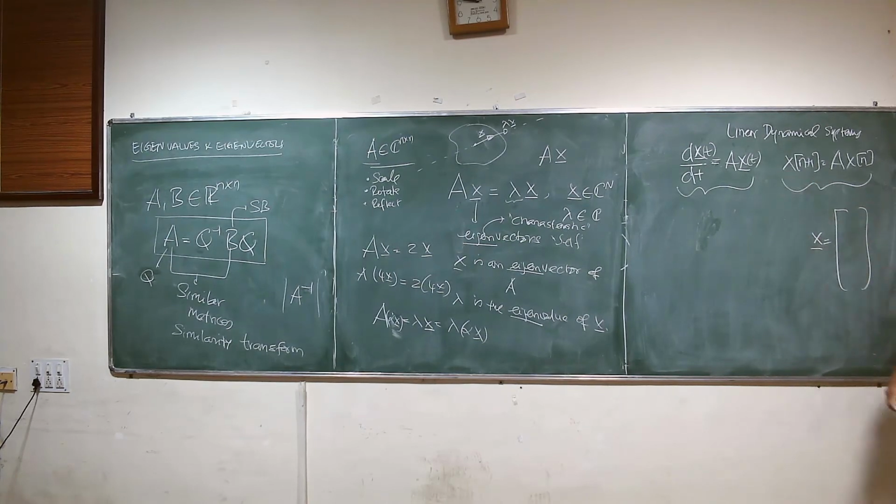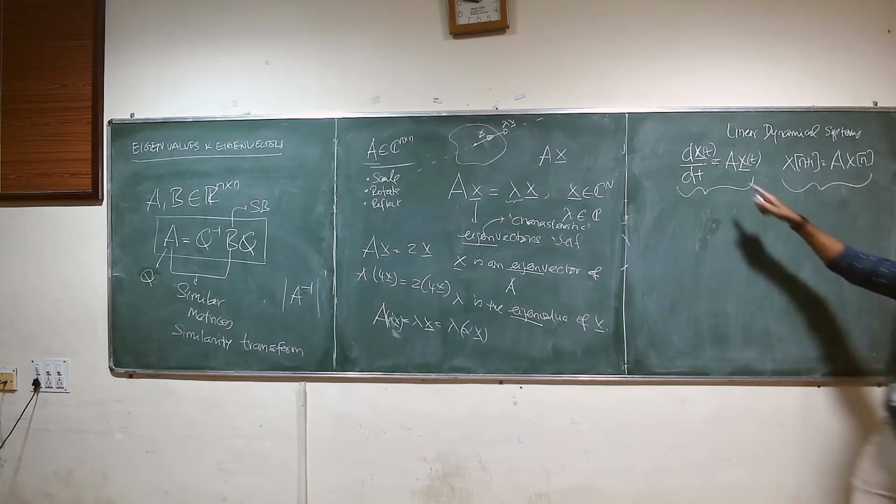Whenever you see something like this, where it is a function of time, what we mean is every element here is now a function of time. So this will be x1 of t, x2 of t, xn of t. That means depending on the value of time, the value of this vector itself changes.